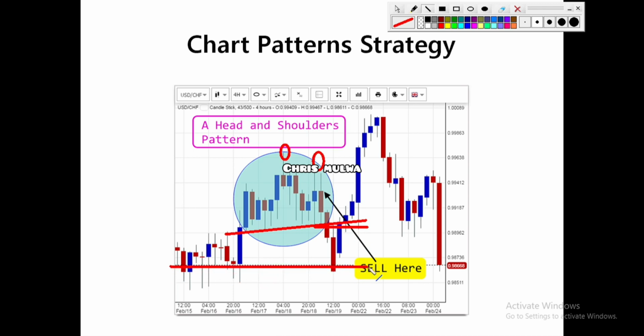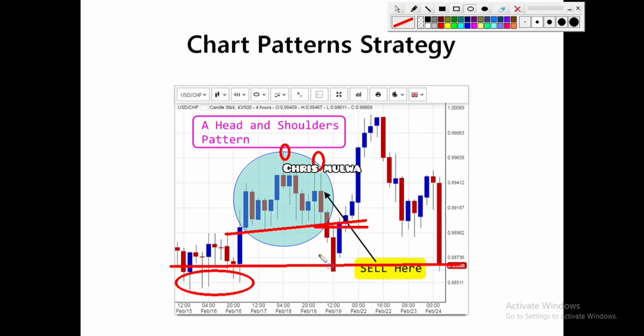This is also a very nice point of closure, because it has reached another high area of support, or just a high area of demand. When I use this, please ensure that you watch a video on demand and supply. You can also watch another one on support and resistance.